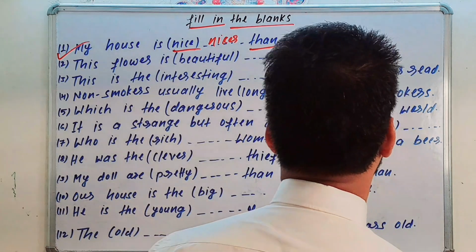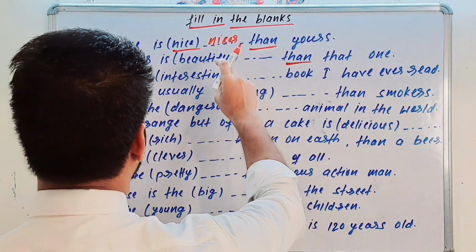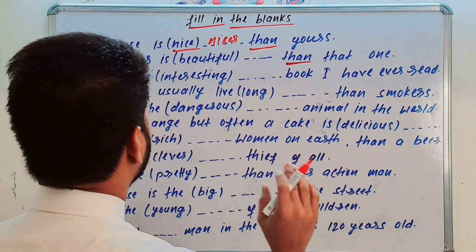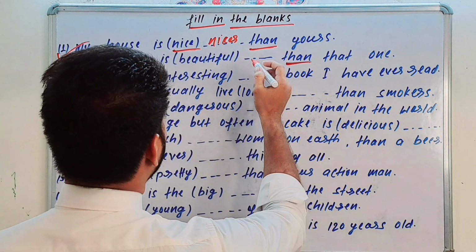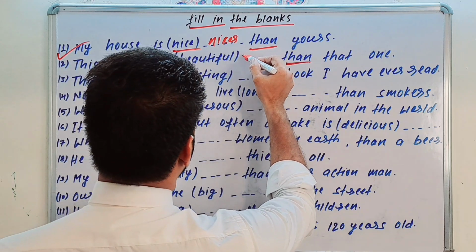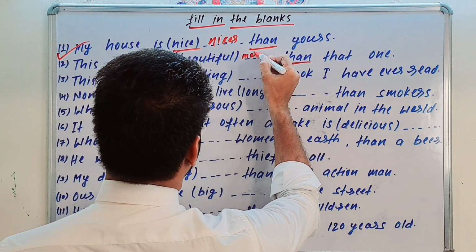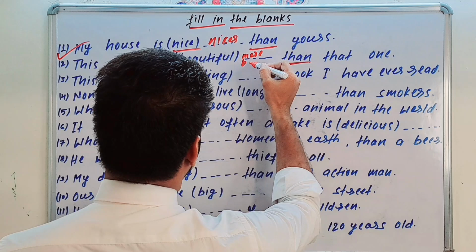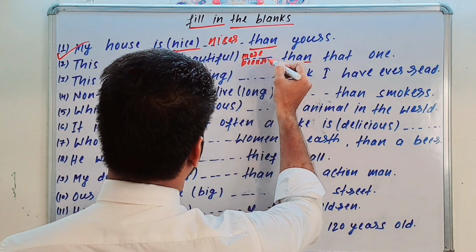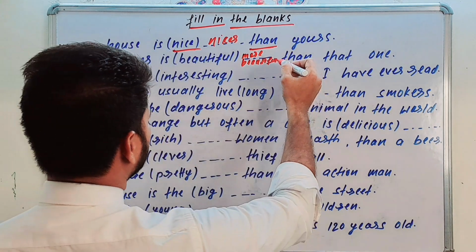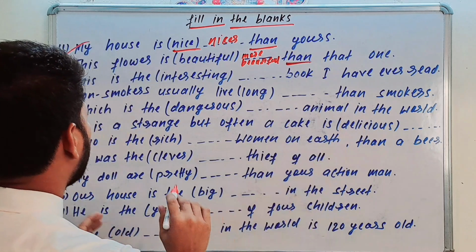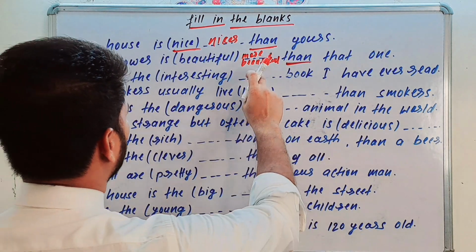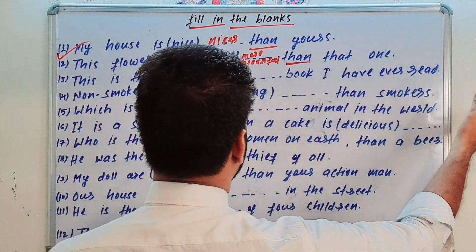So the comparative degree of beautiful will be more beautiful. This flower is more beautiful than that one.